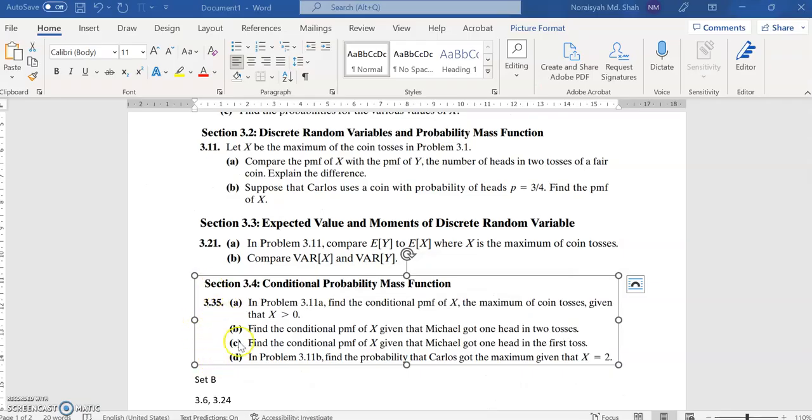For 3.35D, in problem 3.11B, we see the situation whereby Carlos has a biased coin. The probability of getting head is higher, which is 3 over 4. For this case, we are asked to find the probability that Carlos got the maximum given that x is equal to 2, meaning that Carlos gets both heads.